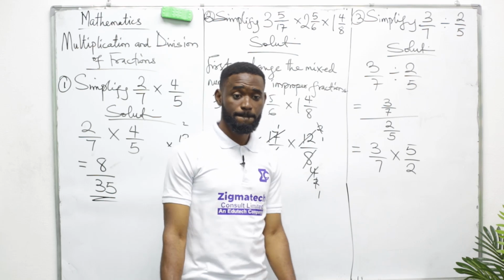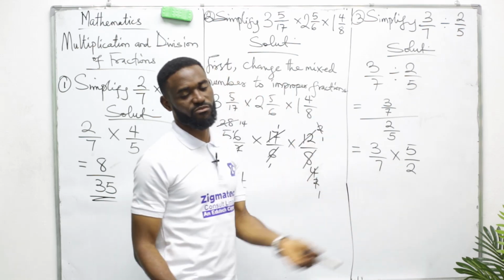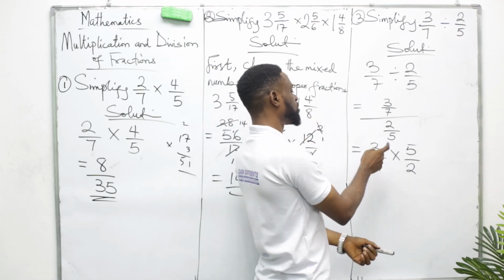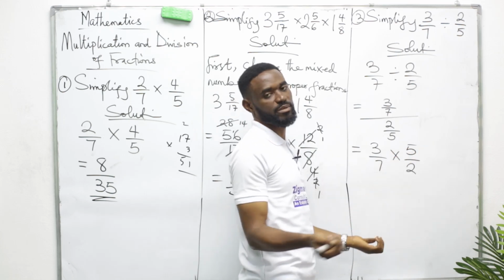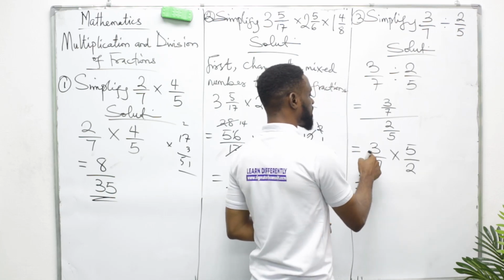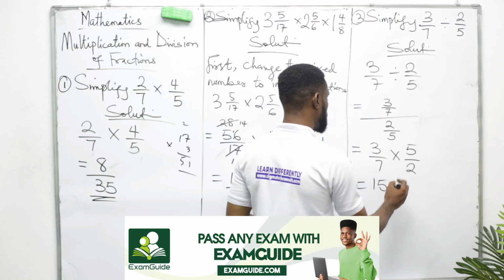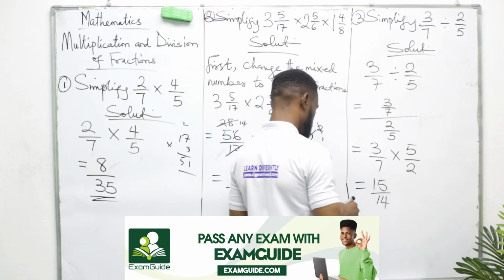Is that okay now? So now we can apply our principle of multiplication: numerator times numerator, denominator times denominator, provided there is no factor common to any of them. So this is 3 times 5 is 15. 7 times 2 is 14.